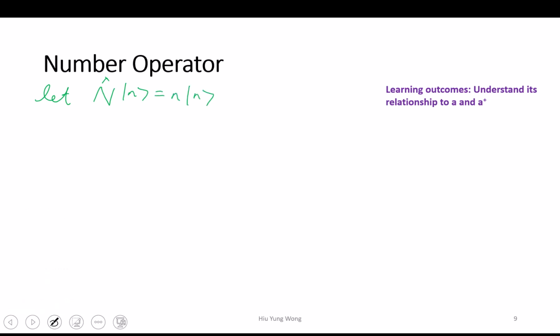So basically, we are assuming the eigenvector of the number operator is n, and the eigenvalue of the number operator is n. For any operator, I must have an eigenvector, right? I just call it n.